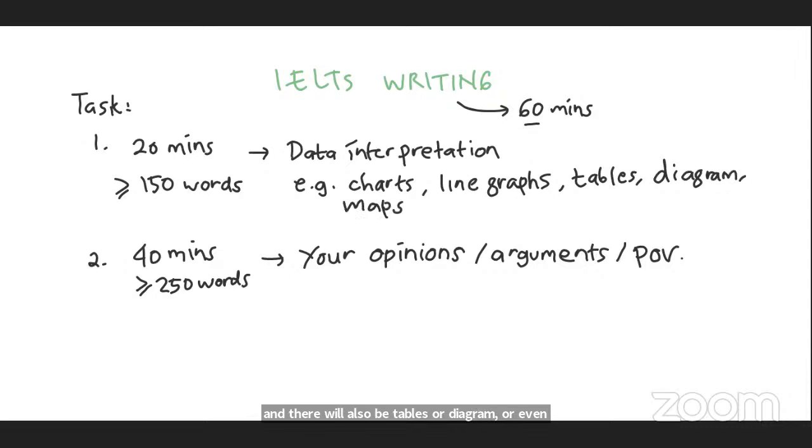And as for the second task of writing, you will have to write about whether you agree or disagree about some topics. For example, whether you agree or disagree if the government makes vaccines mandatory for Indonesian people.